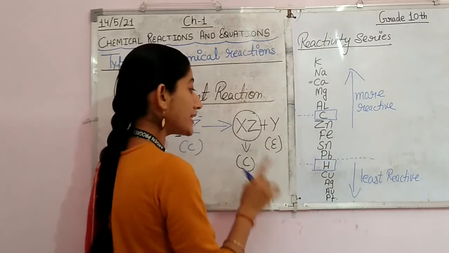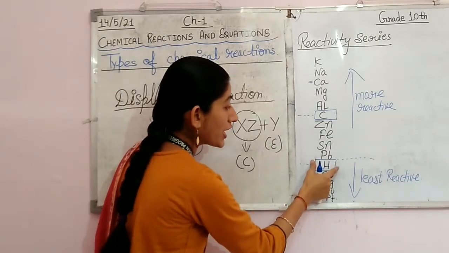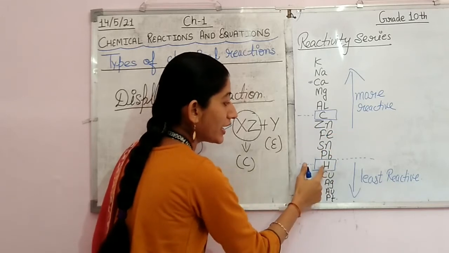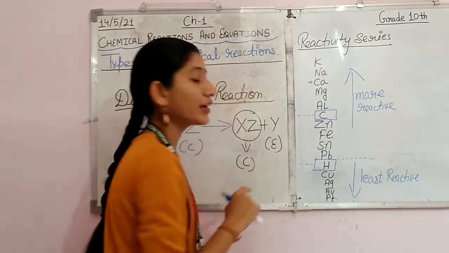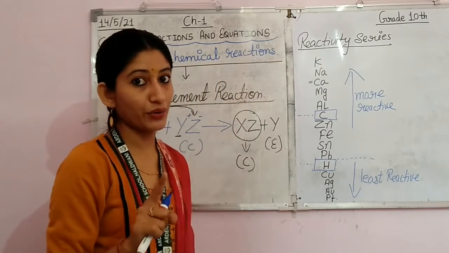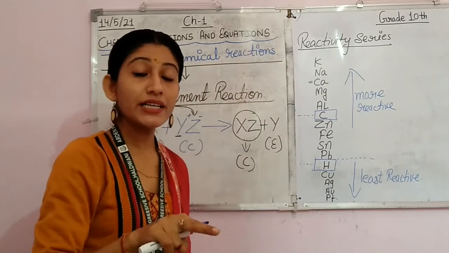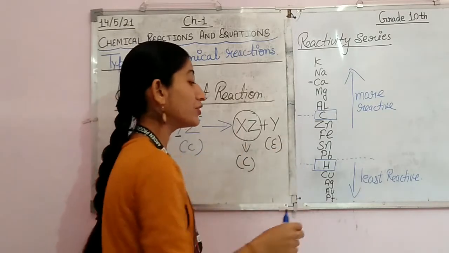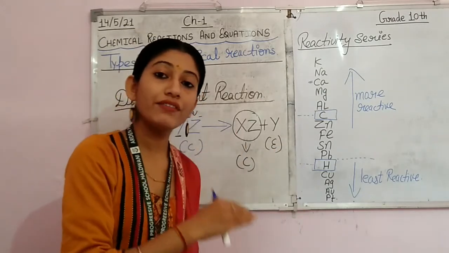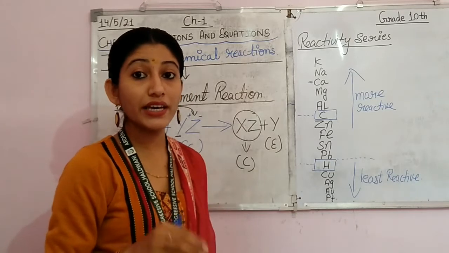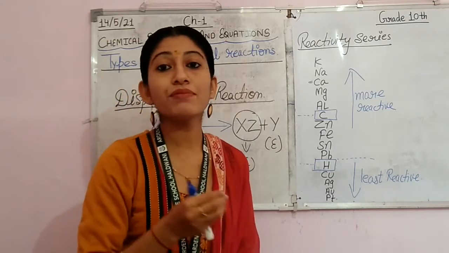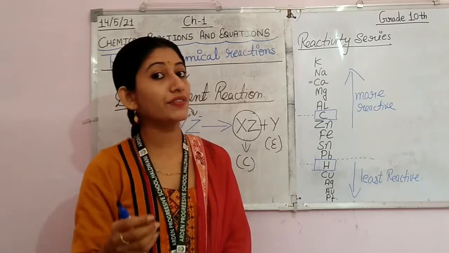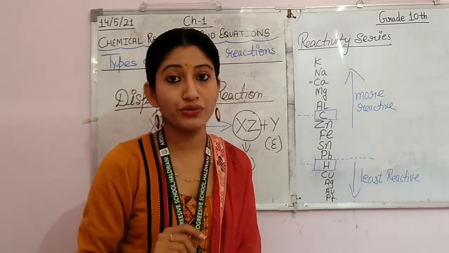And in the same way, the metals which are above hydrogen can displace the hydrogen, but the metals which are below hydrogen cannot displace hydrogen. Another thing is that even though carbon and hydrogen are both non-metals, we have taken them in the reactivity series, so that at the time of reaction, many times we will have to react with carbon as well as hydrogen compounds.